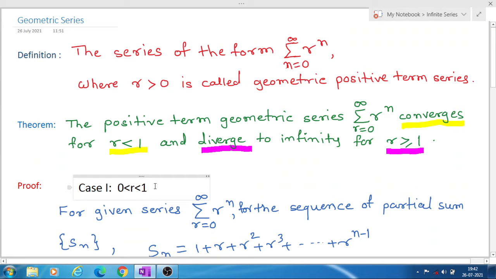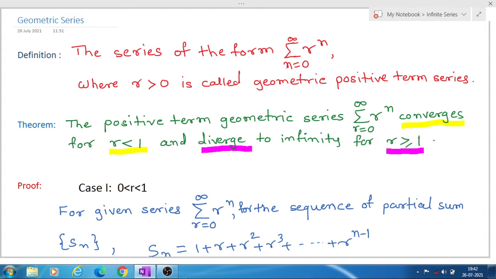Now we are studying the positive term series. In this type of series, today we see geometric series.